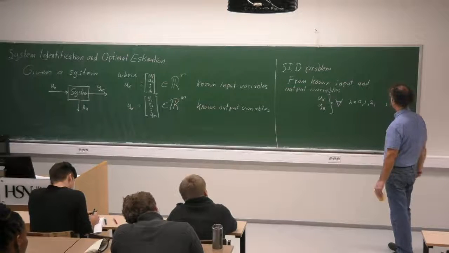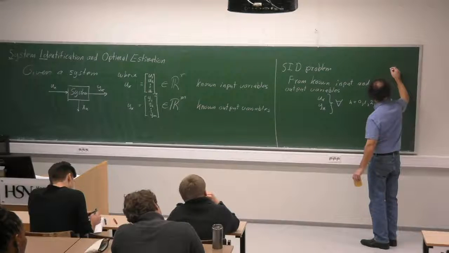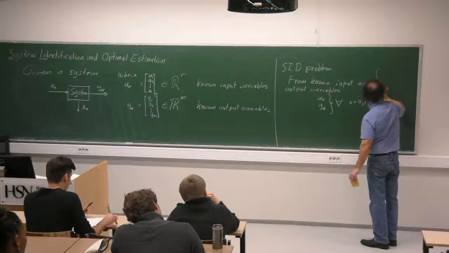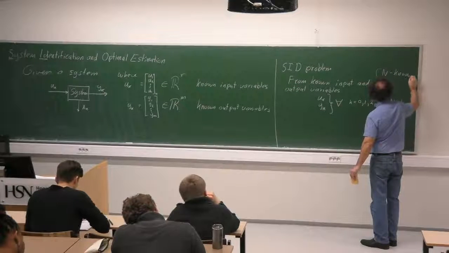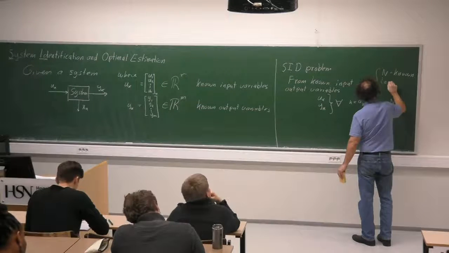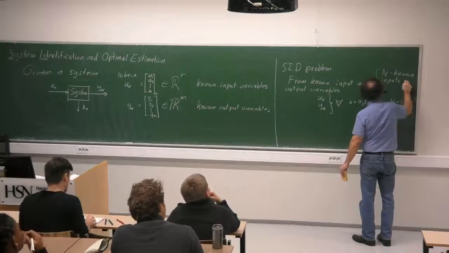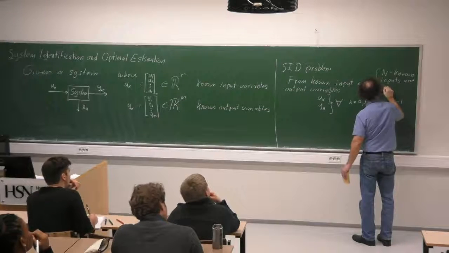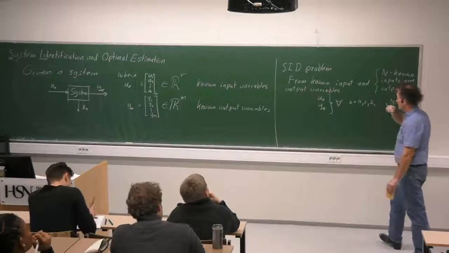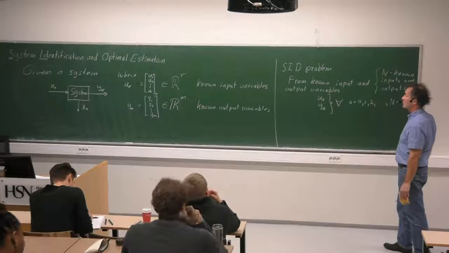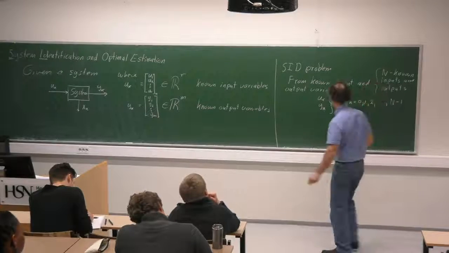This means that we have here N known input and output data. So from this knowledge, identify a model of this system.